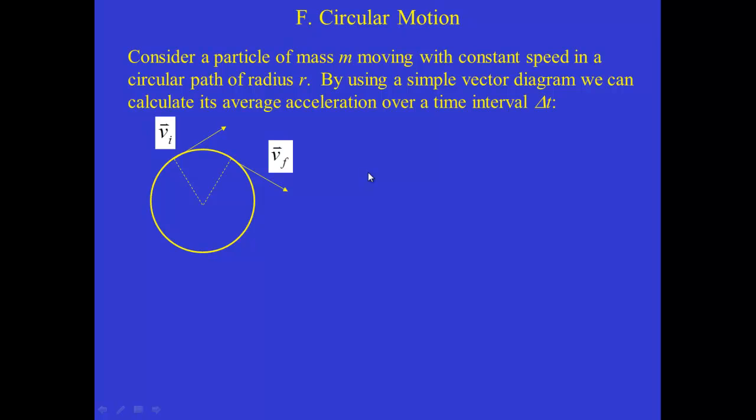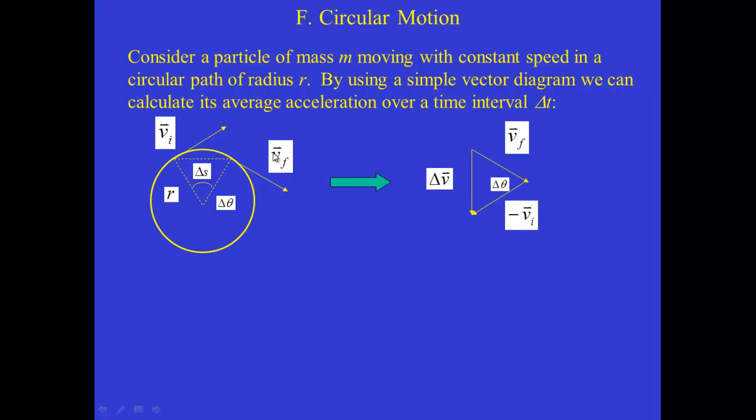Now, we can label a little triangle that has one point at the center of the circle and then goes to those initial and final points, and see that there's a triangle that has an angle we can label delta theta, and delta s is the side of the triangle opposite that angle, and that's the distance traveled from the initial point to the final point by this object.